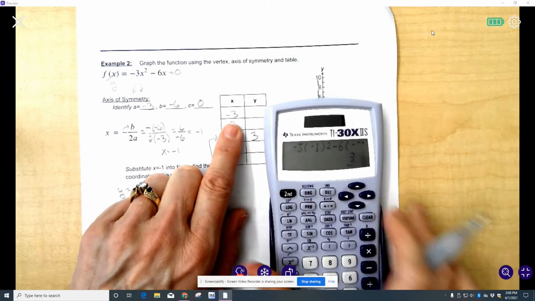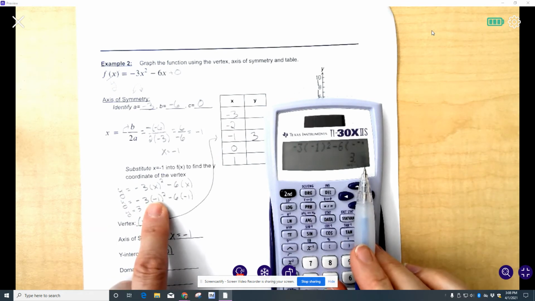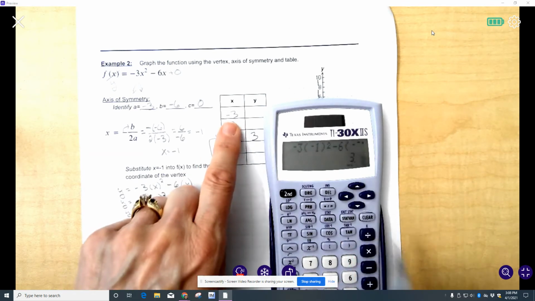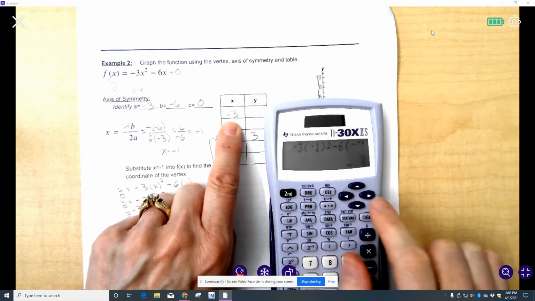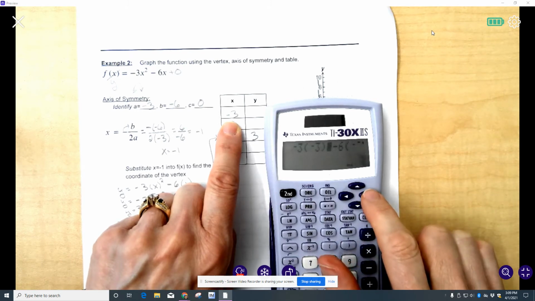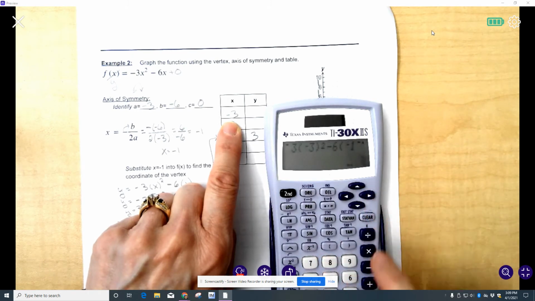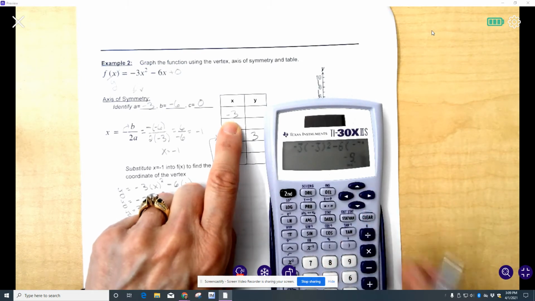And if I still have my function in my calculator from when I substituted in x equals -1, I'm just going to go up and change this to x equals -3. And then go over, replace the -1 with a -3, and hit enter, and I get -9.